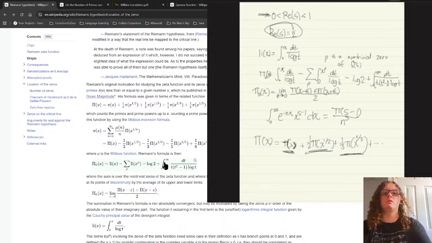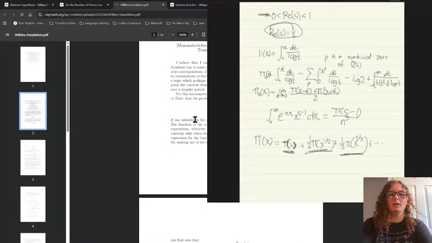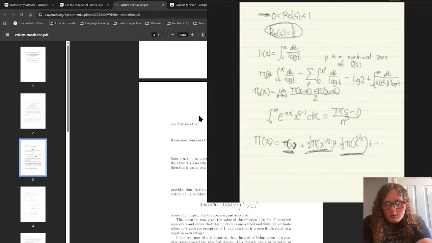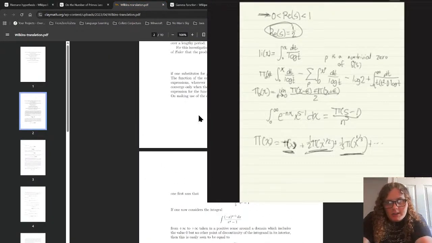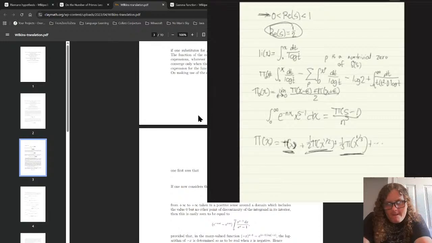Yeah. So if we go back here, let's see. So we have this complicated looking integral. That's going to be capital pi of s minus 1.